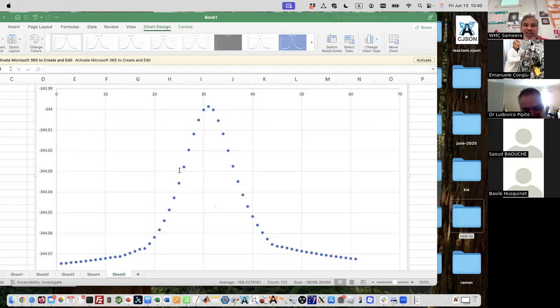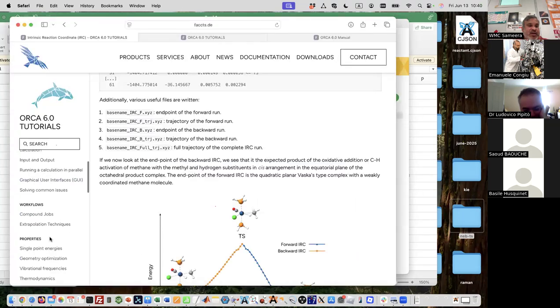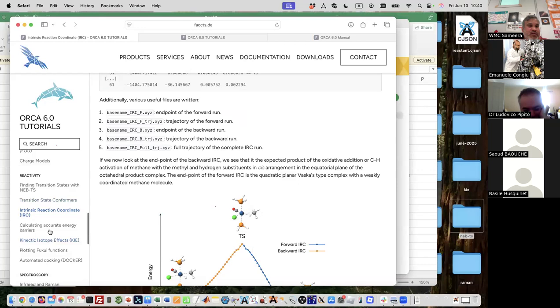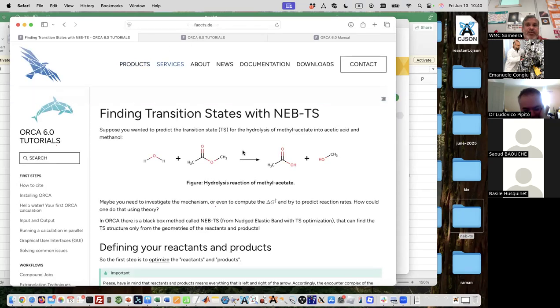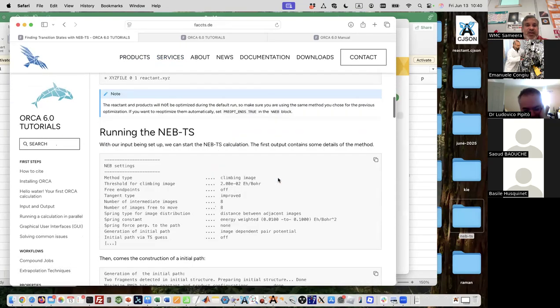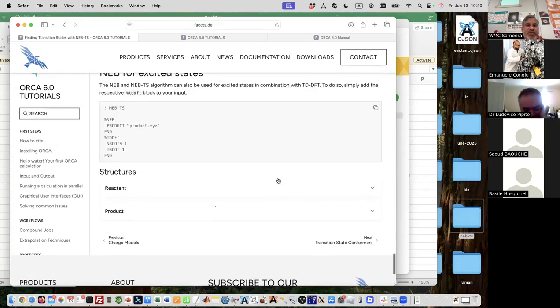So I will take this question: in the transition state calculation, where did you get the guess XYZ structure from? In this tutorial, you can find the guess transition state in the tutorial page. If you go down, you can find the approximate reactant and the transition state structures here.